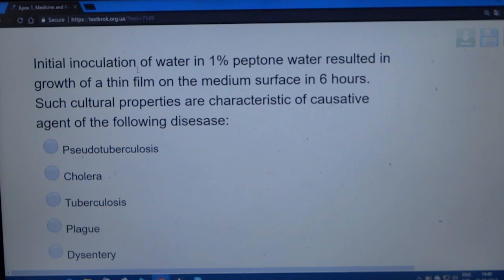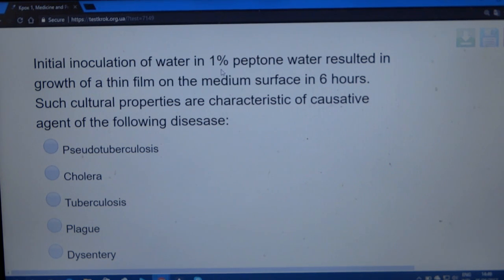Okay, initial inoculation of water in 1% peptone water resulted in growth of a thin film on the medium surface in 6 hours. Such cultural properties are characteristic of the causative agent of the following disease.